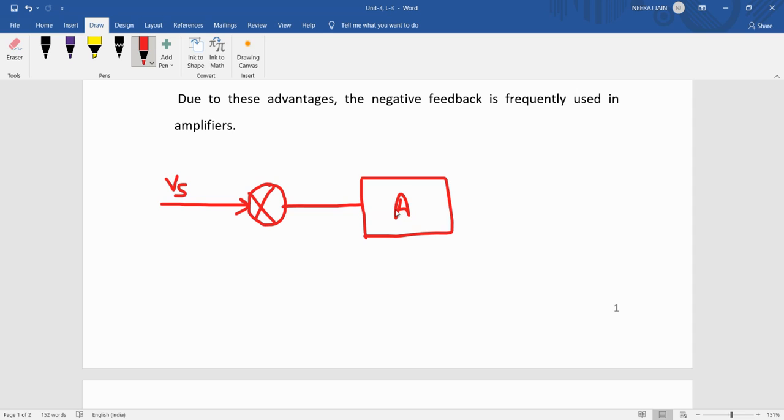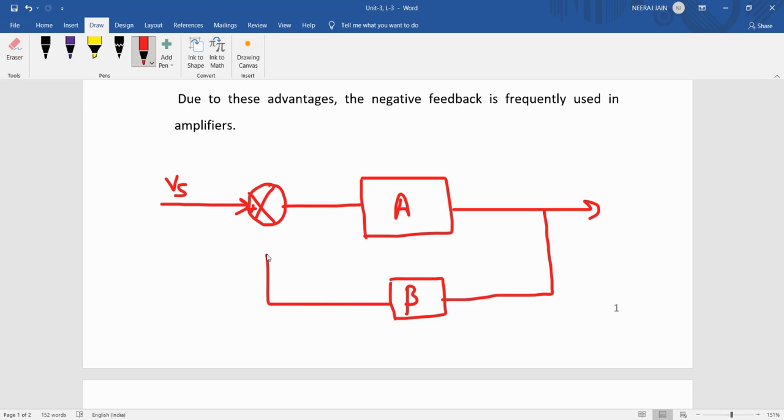Here is the amplifier A and we are getting some output. Now it goes to the feedback element, which is denoted by beta, and goes again to the summer.